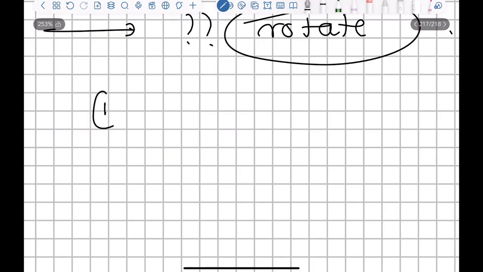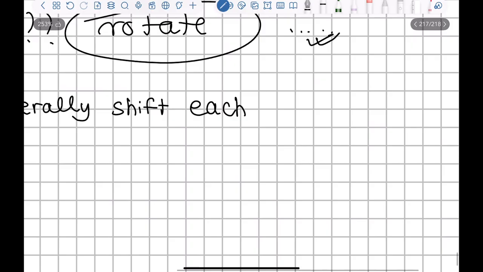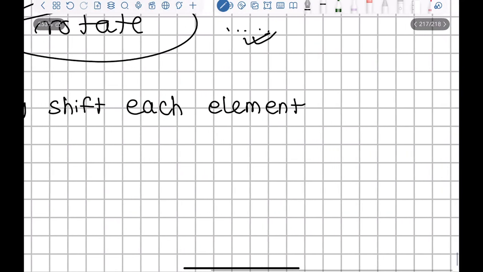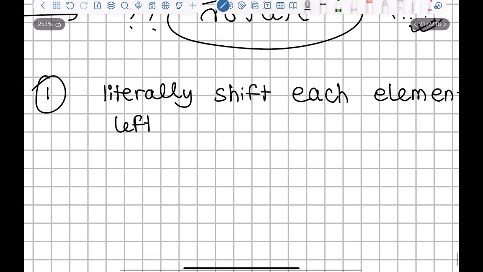The most brute force thing that you can do is literally rotate, literally shift each element to the left, k times.